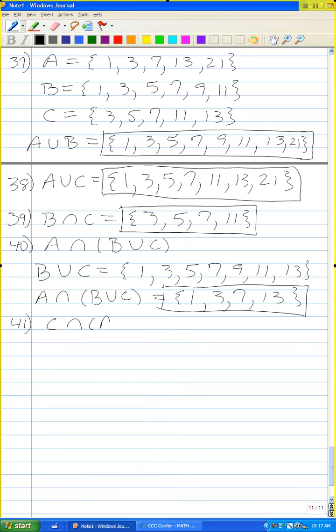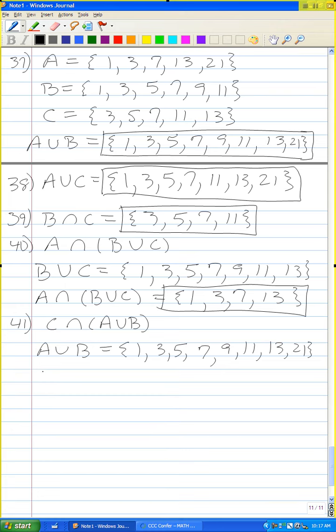intersect A union B. So A union B is 1, 3, 5, 7, 9, 11, 13, 21.